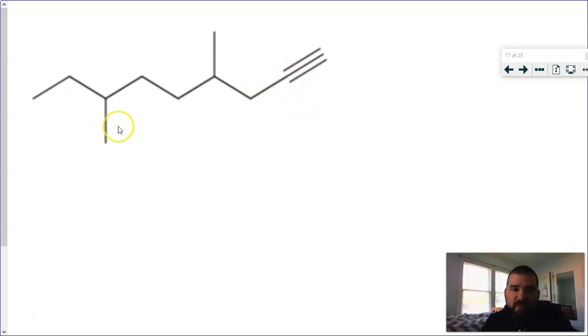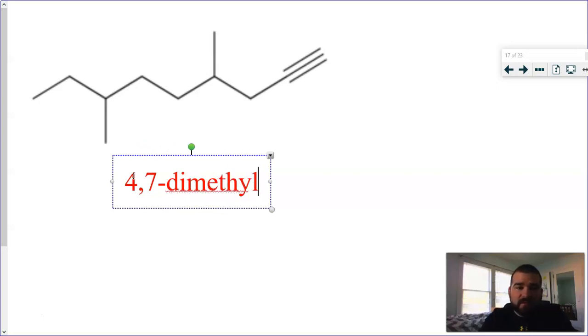So we're going to name the 2 methyl groups. Those are on carbons 1, 2, 3, 4, 5, 6, 7. So we have 4,7-dimethyl, because there's 2, 1 on each of those. And then we just call the rest of it as it is. So the rest of it is nonane, with this all single bonds, right? But it's an alkyne, I'm sorry.